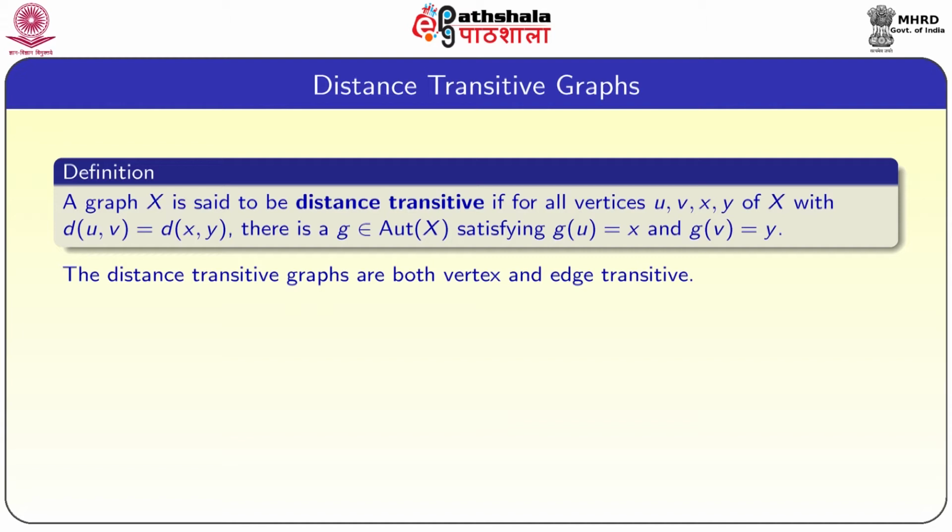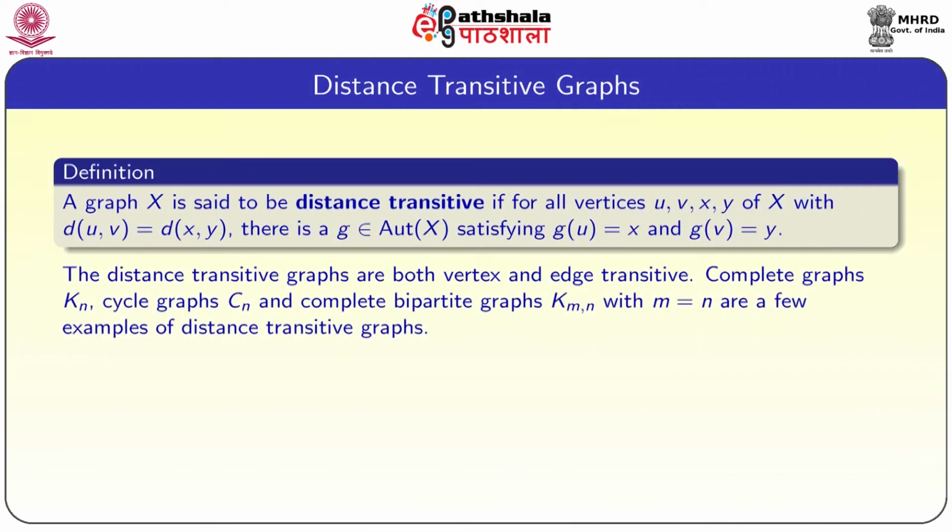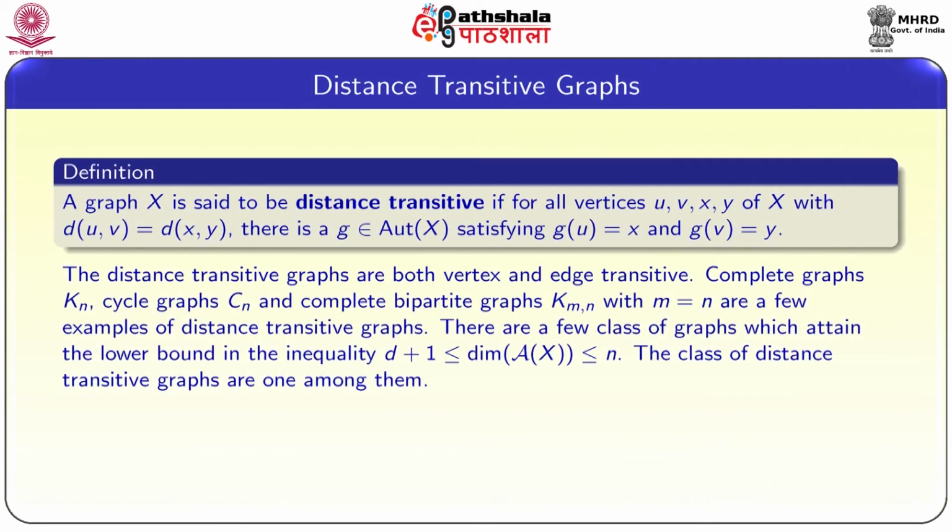The distance transitive graphs are clearly both vertex transitive and edge transitive. Complete graphs K_n, cycle graphs C_n, and complete bipartite graphs K_{m,n} when m equal to n are a few examples of distance transitive graphs. There are a few classes of graphs which attain the lower bound in the inequality d plus 1 is less than or equal to the dimension of the adjacency algebra of X, less than or equal to n.